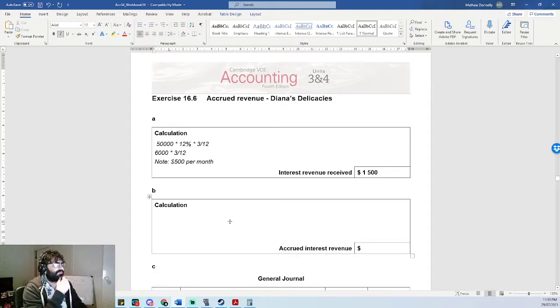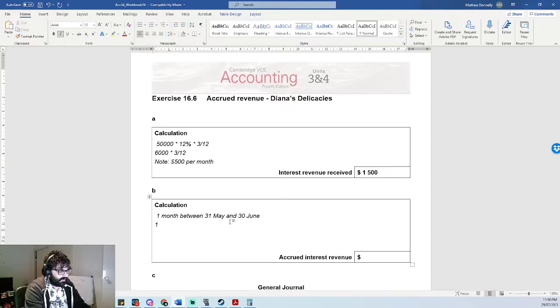So how do we do the accrued interest revenue? So calculate the accrued interest revenue as at 30th of June. So all you need to do is 1 month between 31st May and 30 June. 1 multiplied by $500 per month.